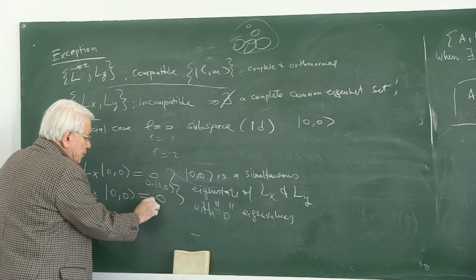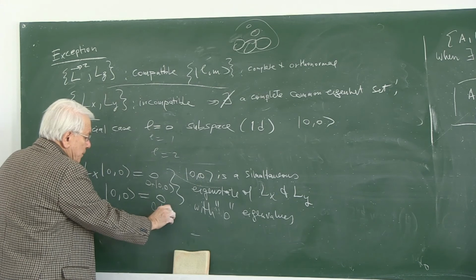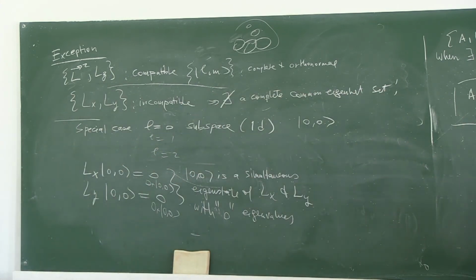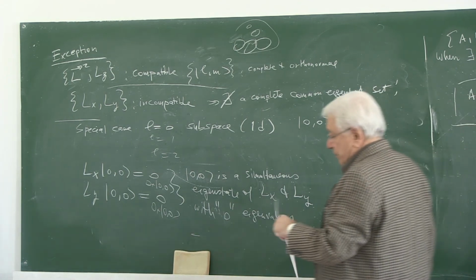That's an eigenvalue equation with 0 eigenvalue. So you see, you have to be careful. Although this statement holds in the entirety of the vector space, when you go to subspaces, there may be exceptions, and you have to keep your eyes open towards those exceptions.